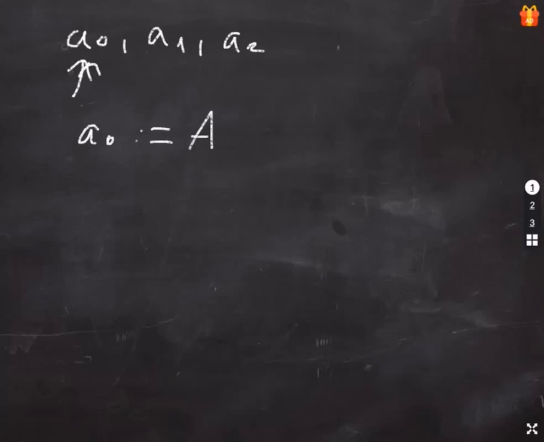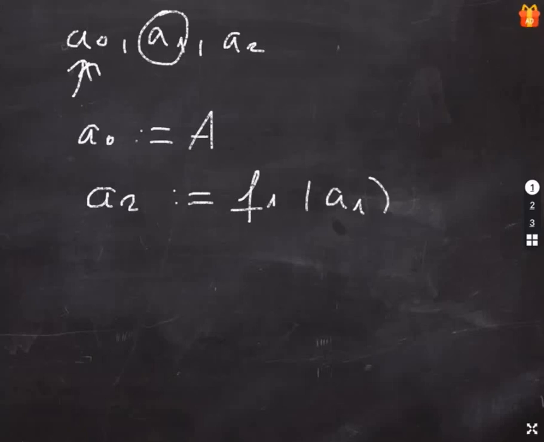And then by letting the next one, A1, be some function of A0, so that A2 is defined to be F1 of A1, and so on and so forth, so that A of n plus plus is defined to be Fn acting on A of n.